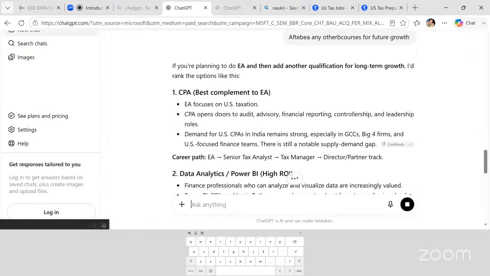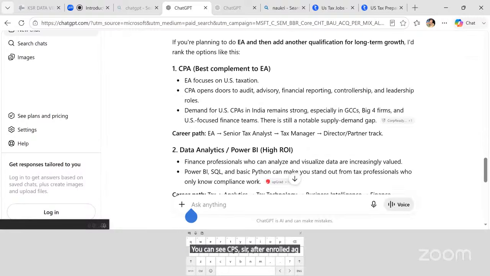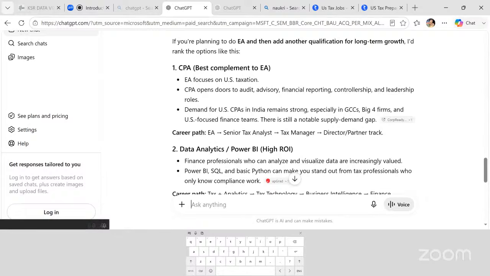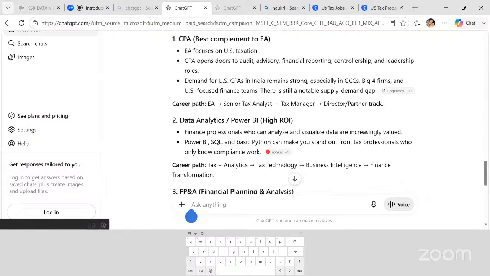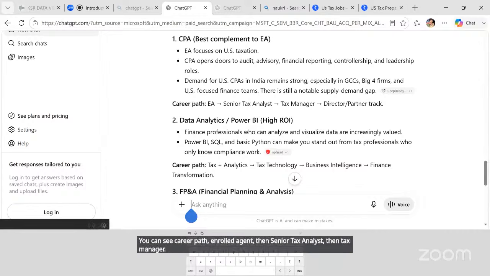You can see CPA, sir, after enrolled agent. You can see the career path: enrolled agent, then senior tax analyst, then tax manager, then director and a partner track, the higher levels.